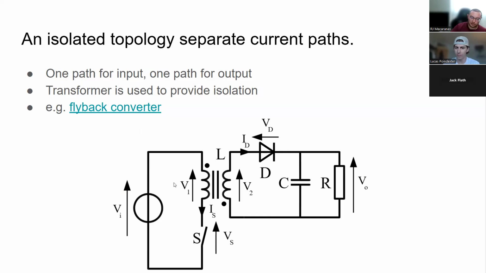Here I've got a closed loop at my input, and a closed loop for my output, and they're isolated by this transformer. This is a flyback converter, by the way, one of the most popular isolated topologies. We have a switch down here, and we're switching it on and off.